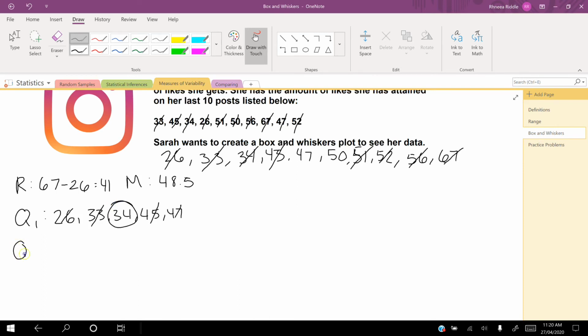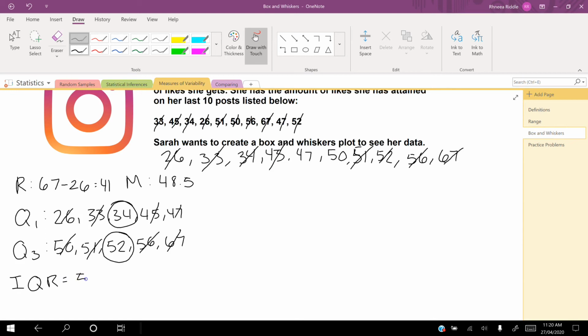We can go ahead and find quartile 3, which again, not including the median, so 50, 51, 52, 56, and 67. And finding that by using the same method of finding the median, which is going to be 52. And now we want to know the interquartile range.